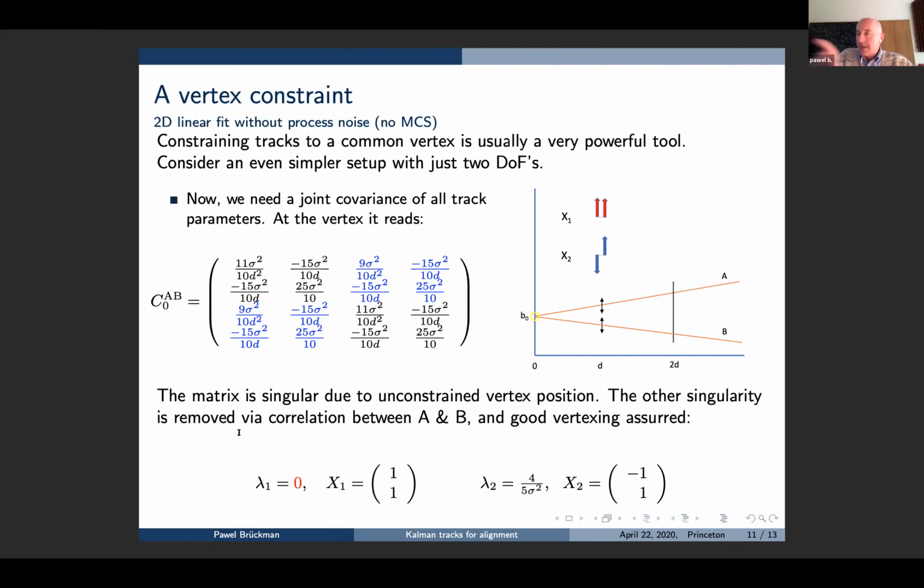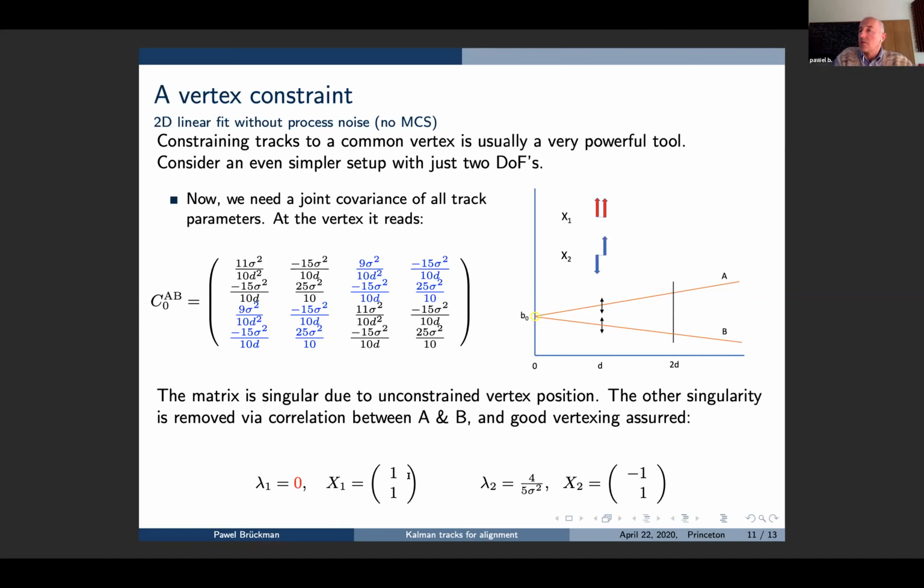The matrix here is actually singular due to unconstrained vertex position, which is fine because this is what we want. We don't know where this vertex was, and we just want to constrain the two tracks to a common vertex. The other singularity is removed, of course, via the correlation between A and B, and good vertexing, therefore, should be assured. And you see the solution.